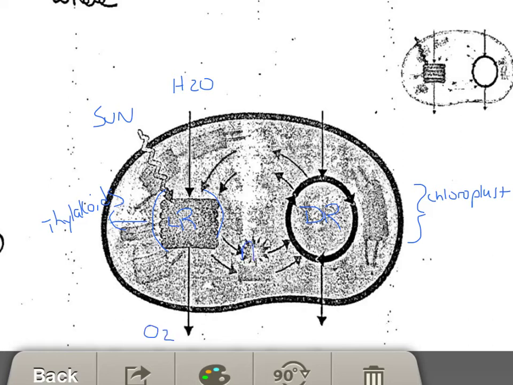It produces ATP and then NADPH, which is going to fuel the dark reactions. The dark reactions use CO2 from the environment, which again comes from animals and the burning of fossil fuel. It's going to use this ATP and use NADPH to fuel this reaction to ultimately make sugar, which is food for the plant. And then it's going to recycle back ADP and NADP.